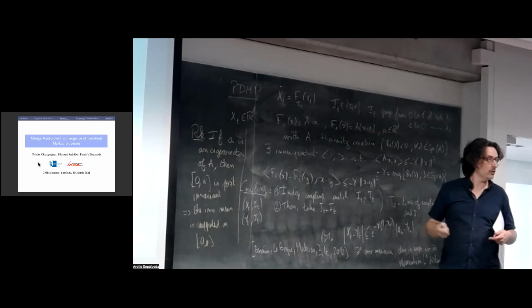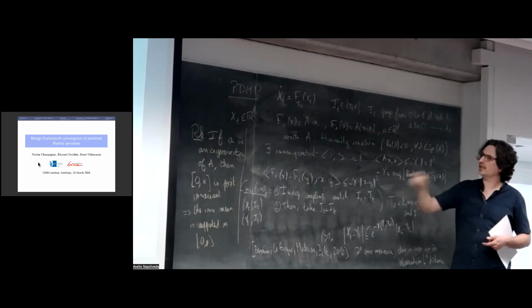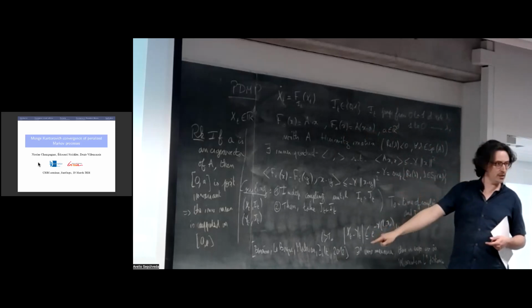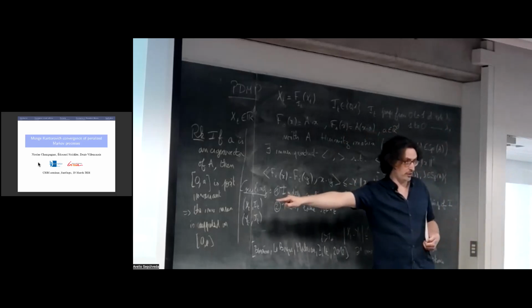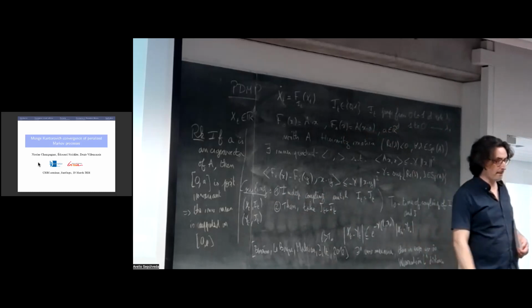So it can be explicit. I don't remember if they give an explicit expression in the paper. I think it's computable; in this case you can compute the invariant measure, but I've not tried.